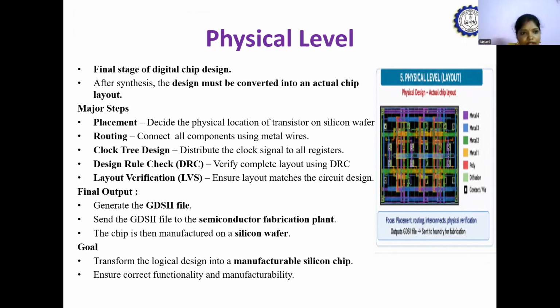After that, we perform layout verification to ensure that the layout matches the exact circuit design. Whatever output we get will be in the form of a GDSII file. This GDSII file is sent to the semiconductor fabrication plant, where they manufacture the chip on a silicon wafer.